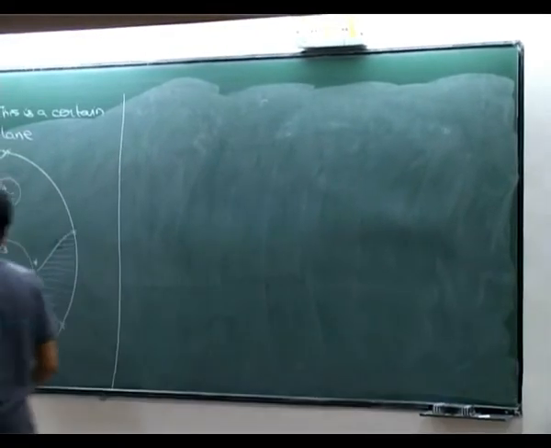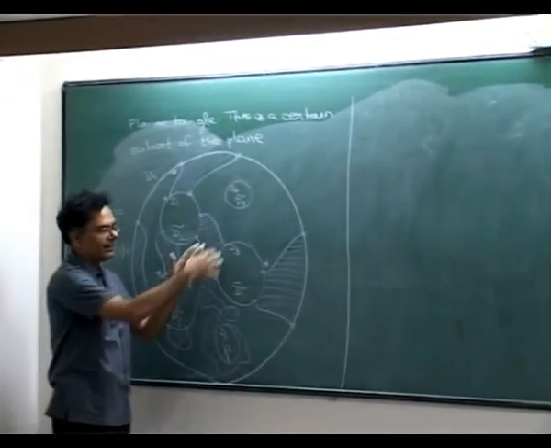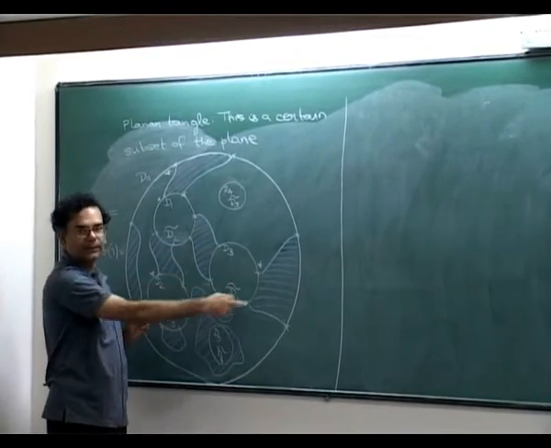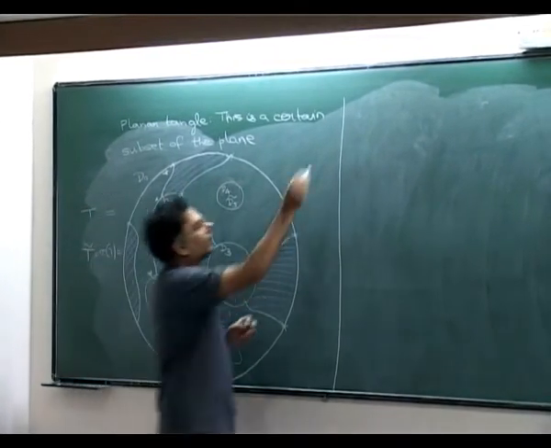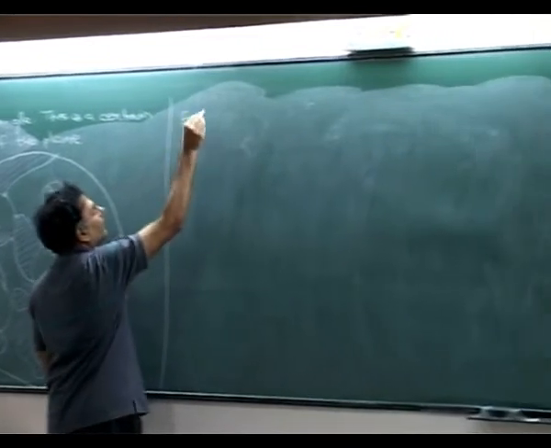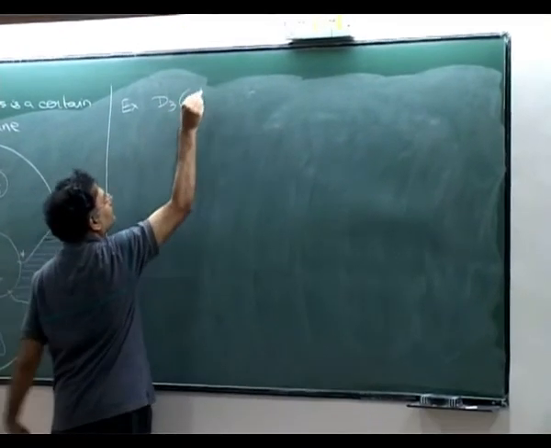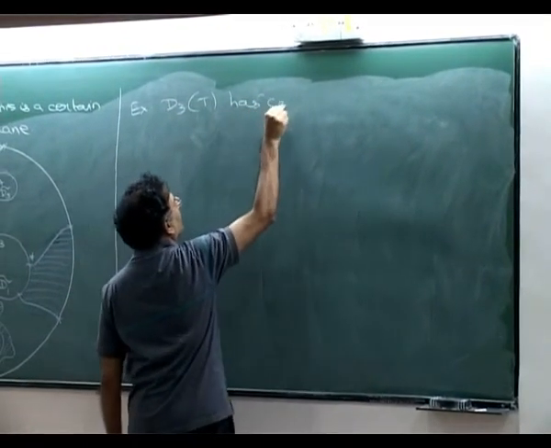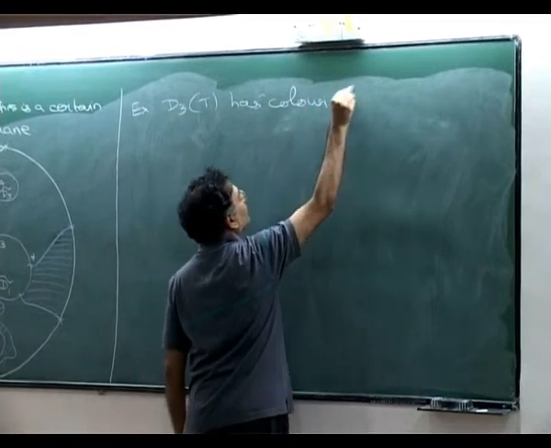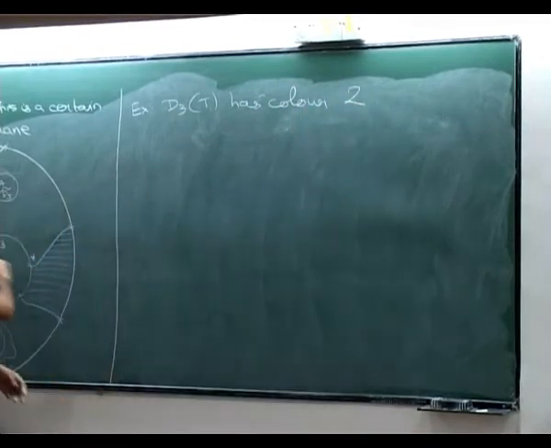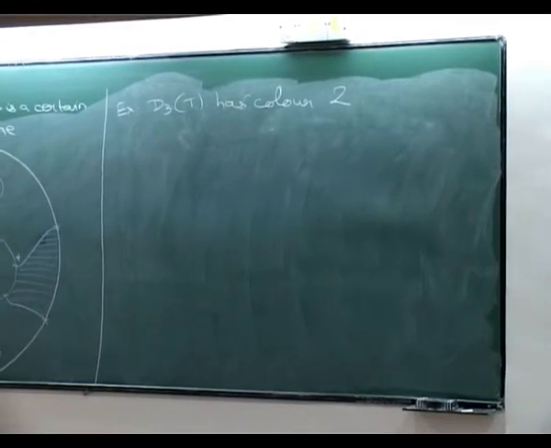So suppose you want to put some tangle inside the third disk of T. The third disk of T, D3 of T, has color 2, right? There are 4 marked points, so its color is 2. So I can take any tangle whose external disk has color 2.